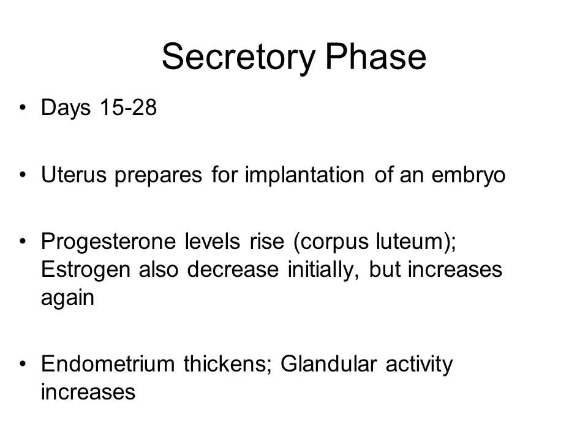Days 15 through 28, the uterus is now prepared for implantation of an embryo. Progesterone levels rise. This is controlled by the corpus luteum. Estrogen levels are going to decrease initially, but then increase. The endometrium thickens. Glandular activity increases. Once again, this is all in preparation for implantation of the embryo.